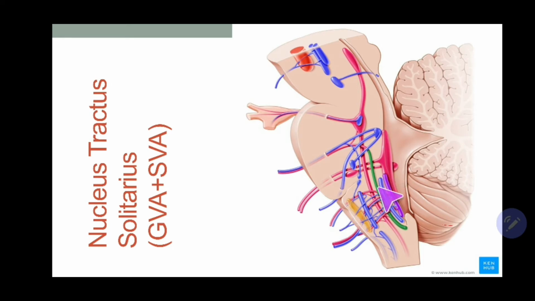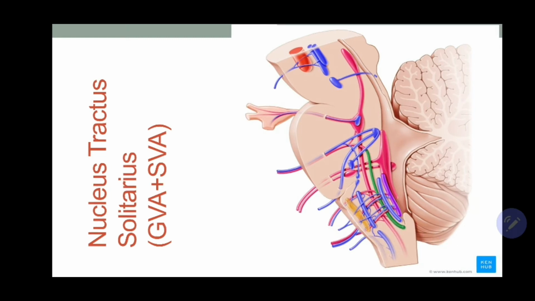Okay, so then the 9th nerve will be bringing sensations here, then the 10th nerve will be bringing sensations of taste. Then in the lower segments, general visceral afferent sensations will be brought in from the facial nerve, from the 9th nerve and 10th nerve. So this is about the nucleus tractus solitarius.